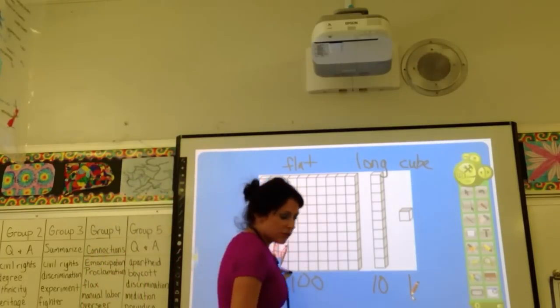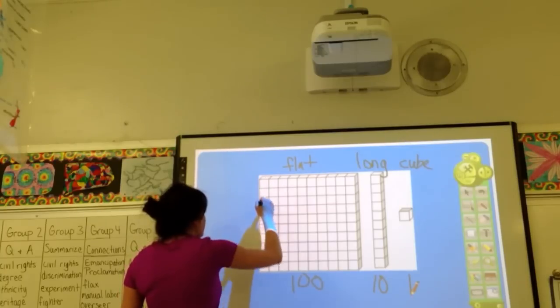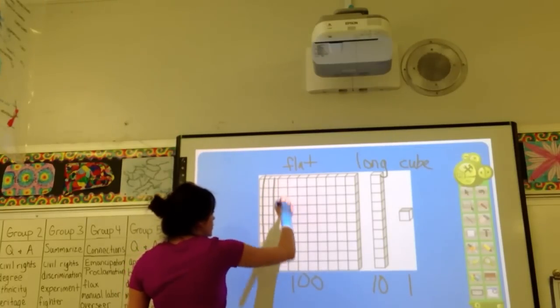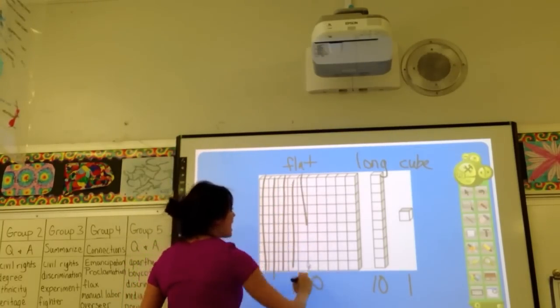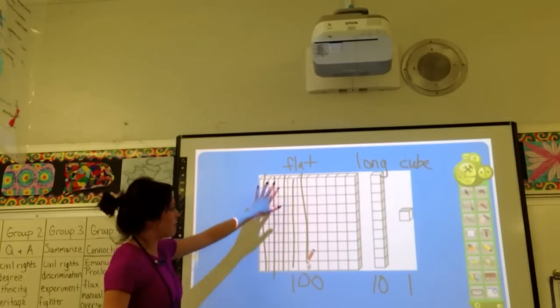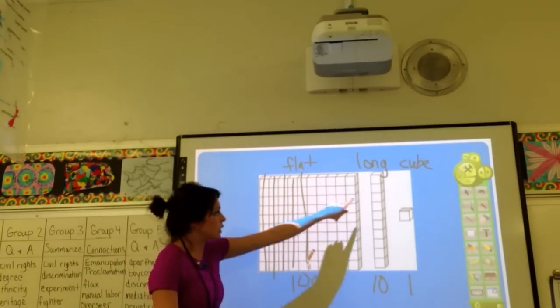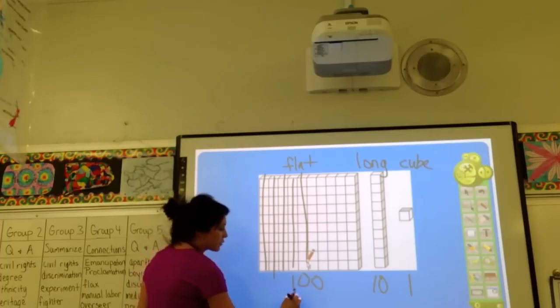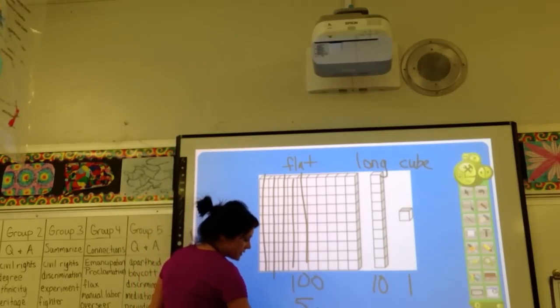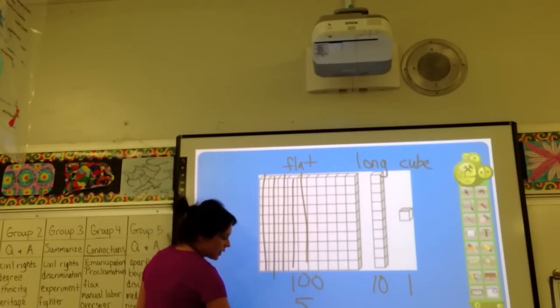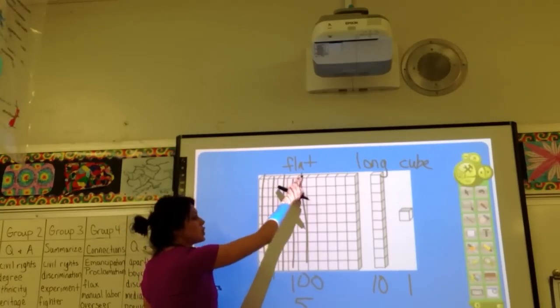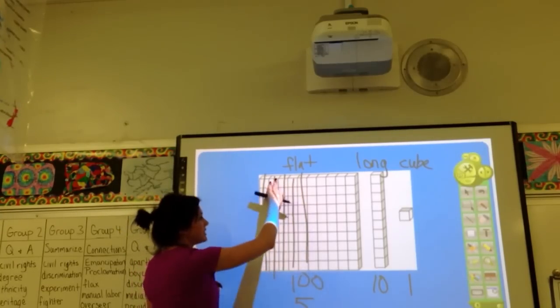But let's review here. Let's say I have 5 longs shaded in. So I have 5 out of 10 longs shaded in. I could write that as 5/10, or I could count the number of cubes I have shaded in, and it would be 50 out of 100.